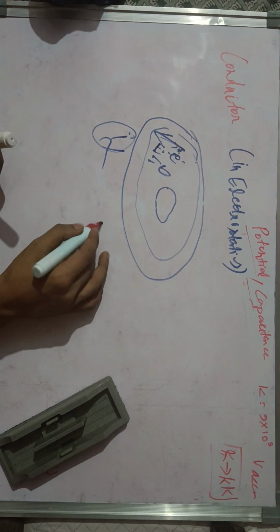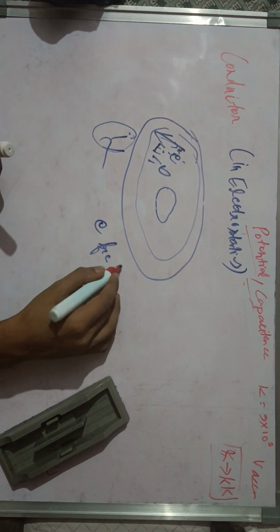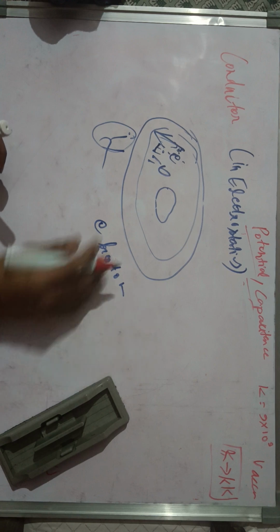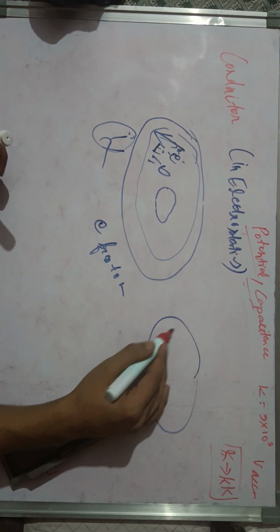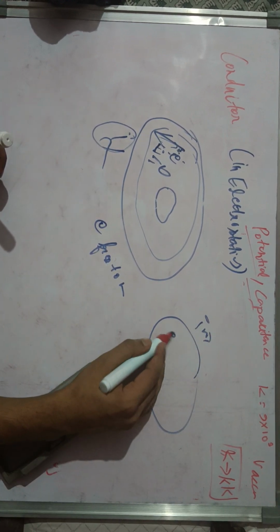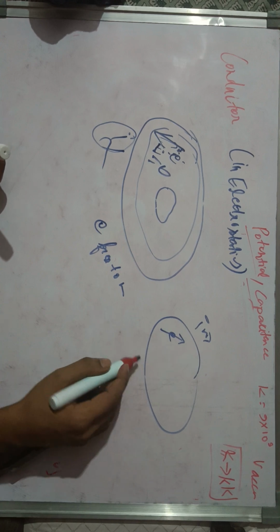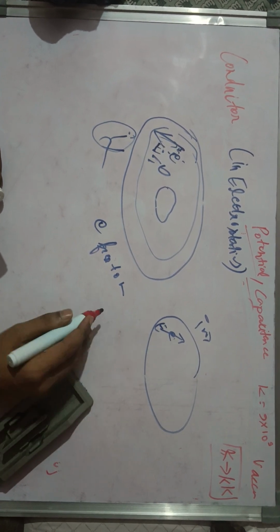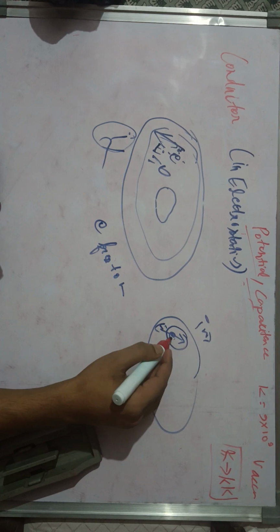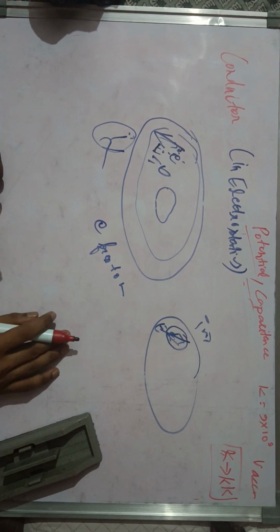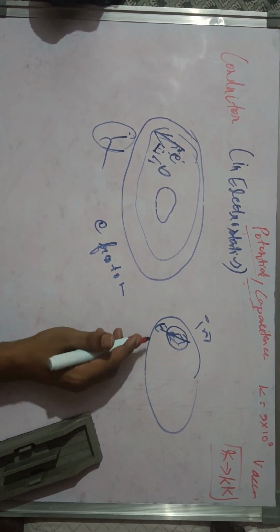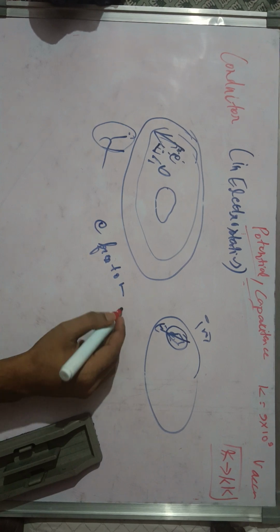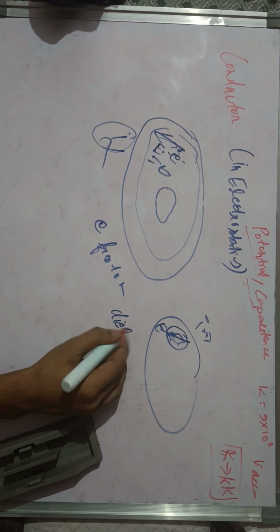In conductor, electrons are free to move. In case of insulator, even if there is an electric field provided here, the electrons will not move. What will happen is that the atom will produce an opposite field by using its dielectric property.